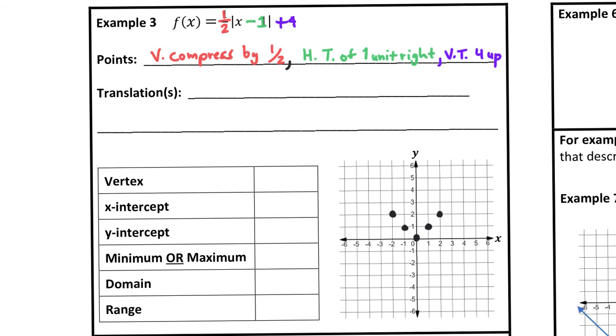So for the compression, it's going to cut the distance in half. So if I see, for example, this vertical distance, the 1/2 is going to cut that vertical distance in half. So if it's 2 steps away, half of 2 is 1. So that's going to be the new vertical location.